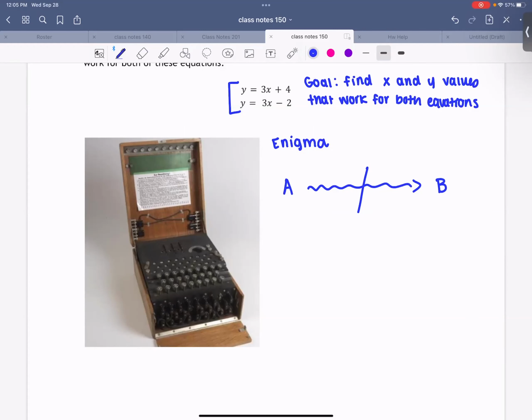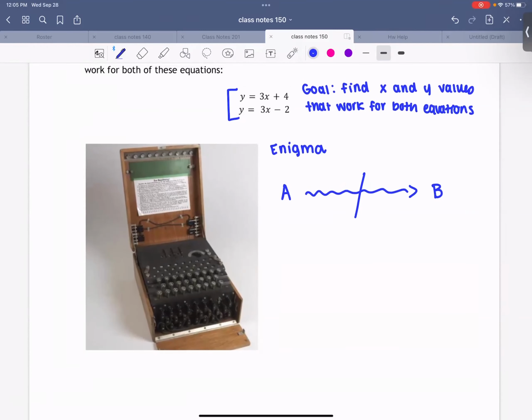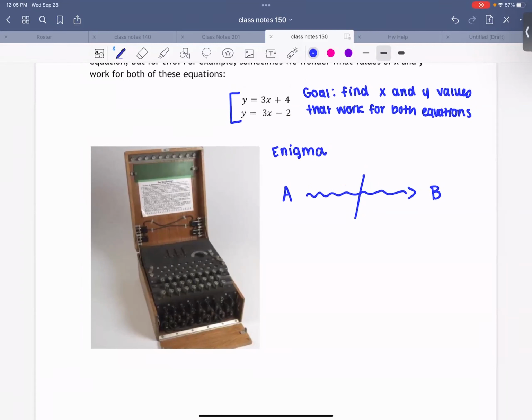Okay, the way mathematicians actually figured out what the messages were is they set up equations that look like this. They set up a bunch of systems of equations, but instead of just two equations and two variables, they would set up 51 equations. So like 51 equations with 51 different variables. I know, kind of crazy.